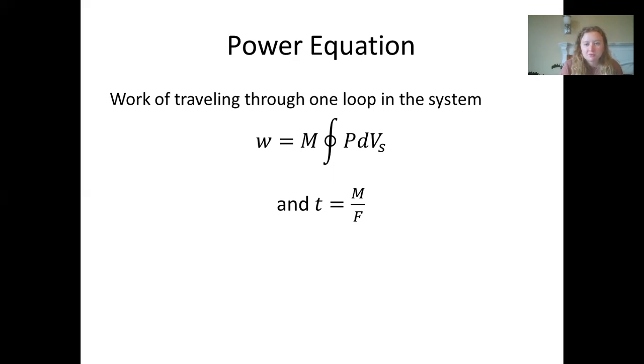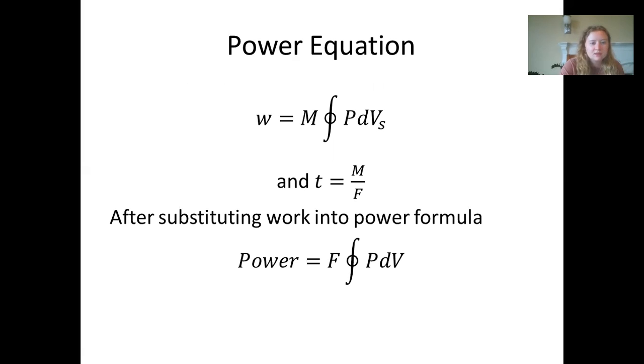And we can rewrite T to be equal to mass divided by the flux of the system, so that is the change of mass over time. Then substituting this new equation for work and the equation for time into the power formula, power is equal to flux multiplied by the closed path integral for pressure multiplied by change in volume.